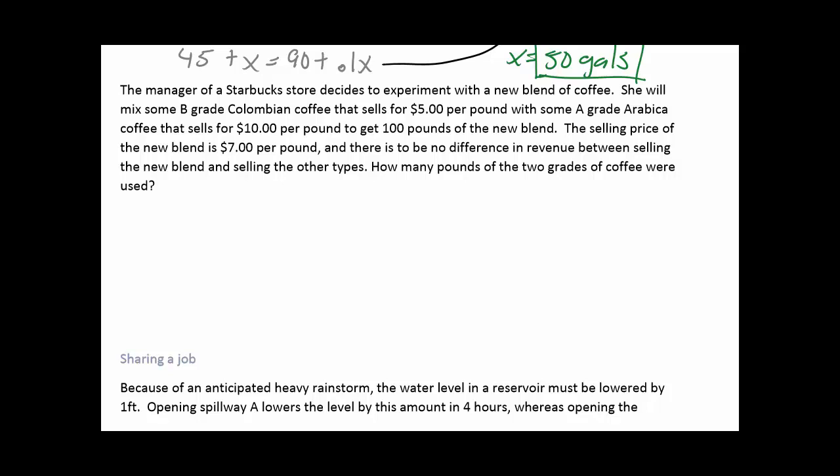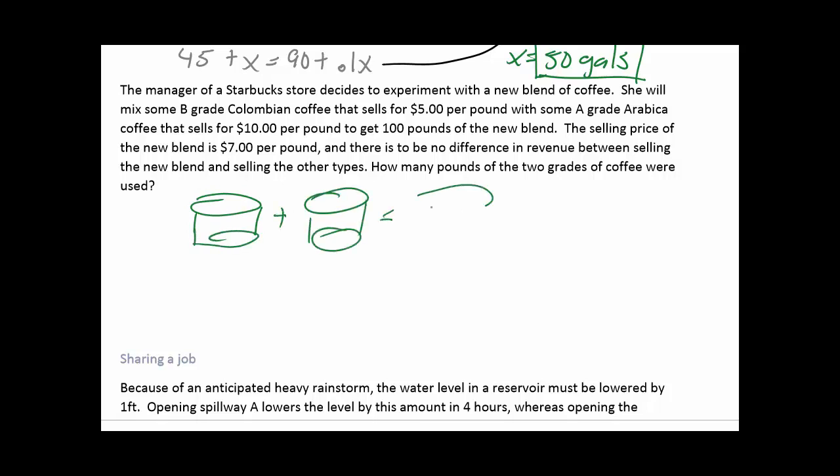So again, sort of a manufactured problem in that they're not changing the price to make a little bit more money than they were. They're saying, we just plan on making the same profit. How many pounds of the 2 grades of coffee were used? Okay. Well, let's think again: we've got 2 different containers that we are mixing together to make a larger container.